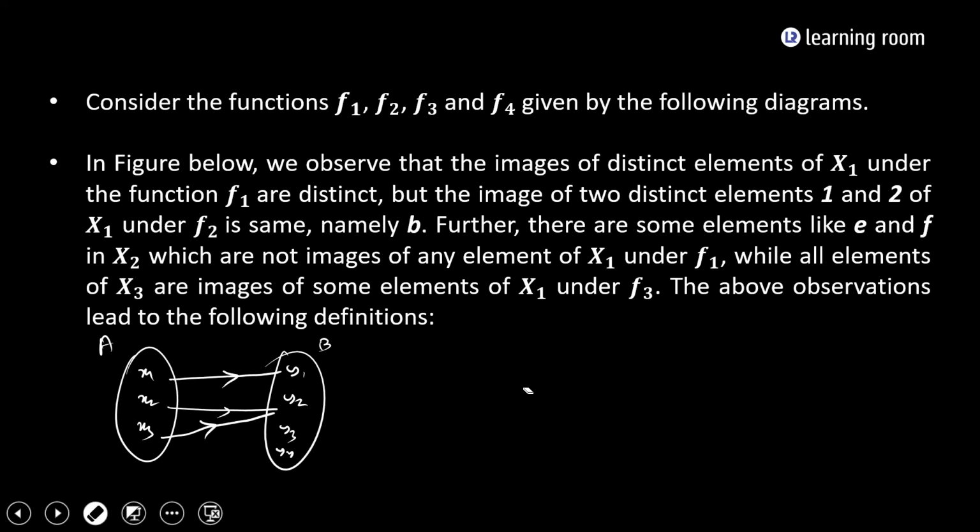What kind of function is it? Many to one function. Why is it many to one? Because many elements of set A are mapped to the same element of set B. Can this happen? Yes, it can. Next.